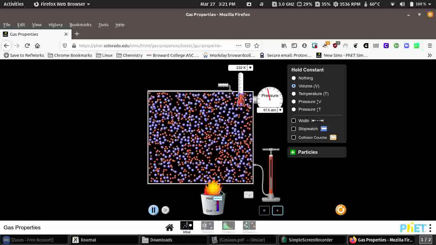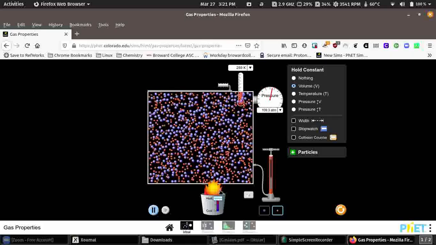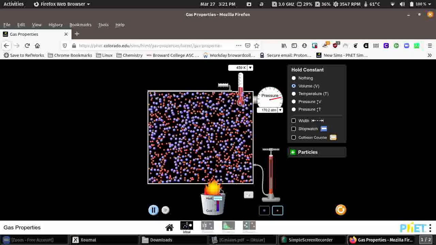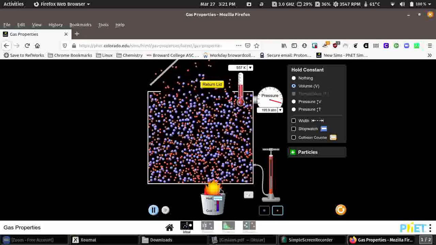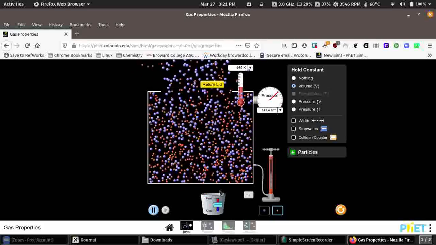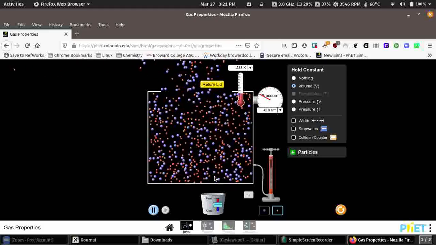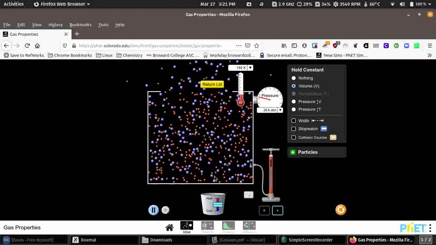So I've posted a link to this simulation in Canvas so you guys can play around with it. See, if I put too much pressure in the container, that's what happens when you have a bottle exploding or something like that.